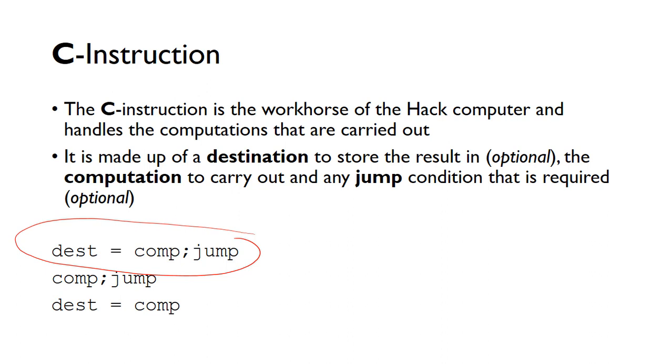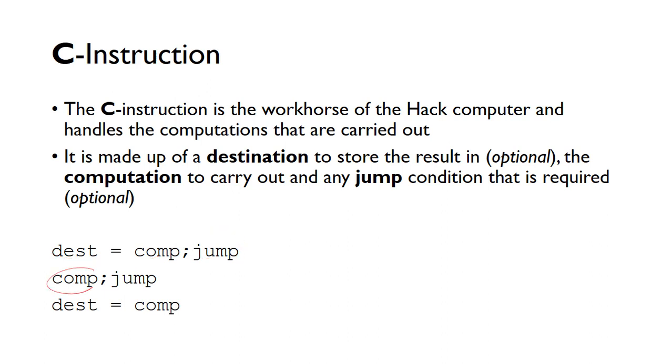Then there may be a jump. So we've always got to do a computation. You can see in each of these 3 options, we've always got to do a computation. But we can see the destination and the jump are optional. So you may want to do a computation, store it in the destination, and then jump. In that case, you would use this format for the instruction.